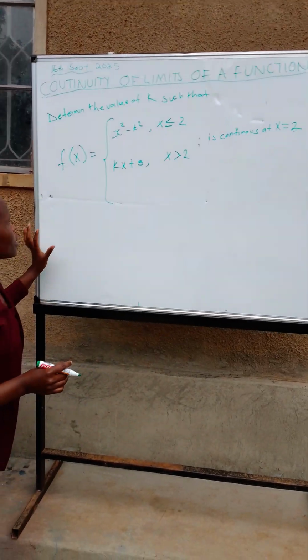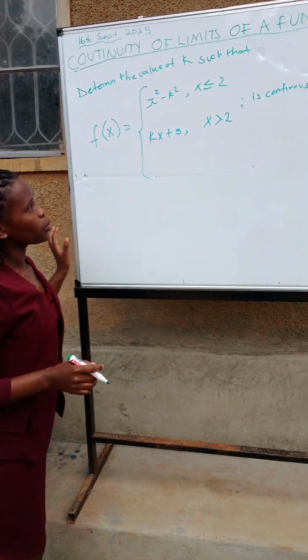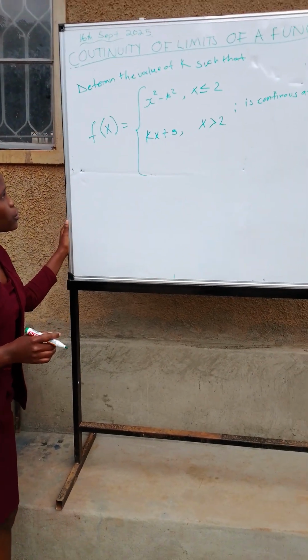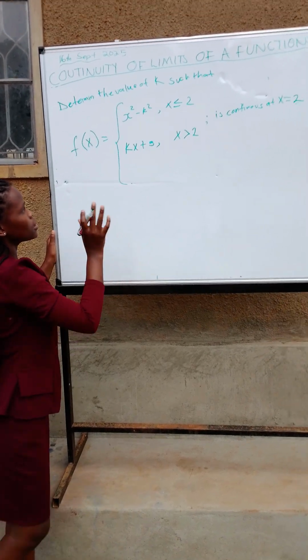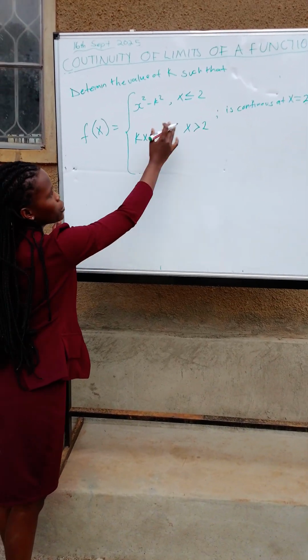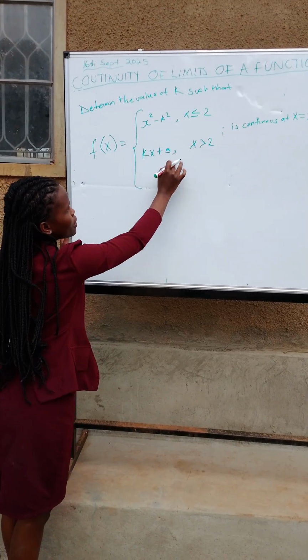From here we are going to find the value of k as we've been required to do. You know very well that we are going to compare the left hand limits and the right hand limits.